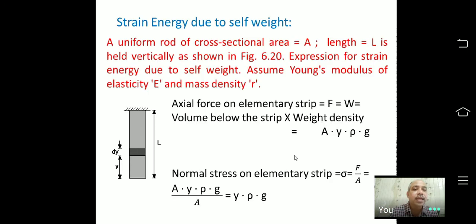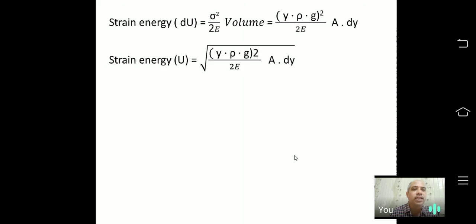This is a little bit different from PL upon AE. Now strain energy is sigma square upon 2E into volume, so we get (Y rho G) whole square upon 2E into A dy, because sigma in the last equation is Y rho G. Now strain energy U equals the integration from 0 to L of (Y rho G) square upon 2E times A dy.